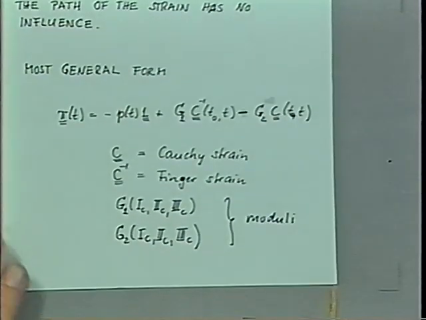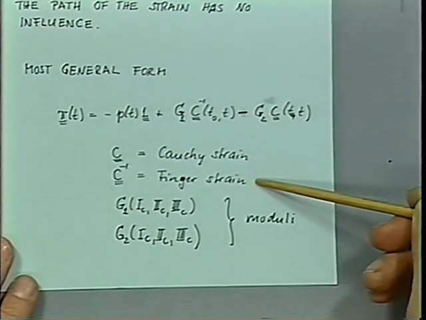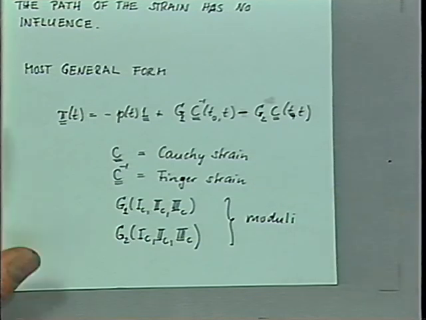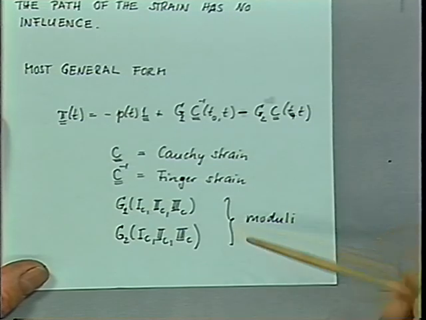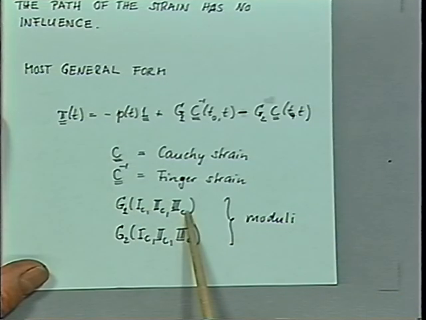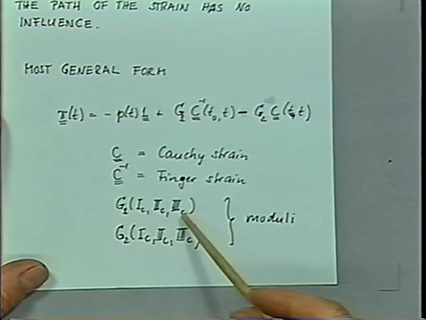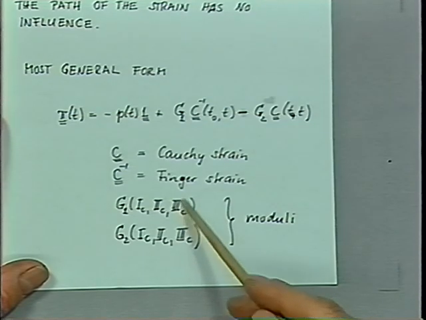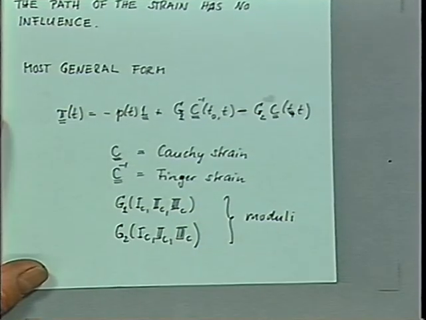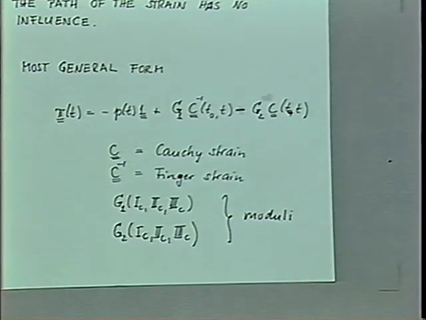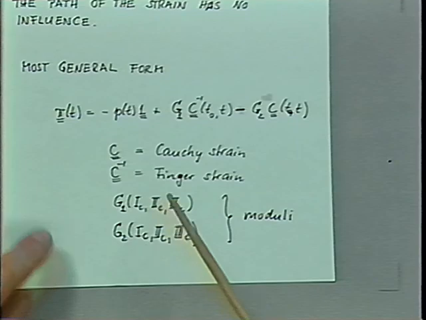The parameters used are the Cauchy strain tensor, Finger strain tensor between the stress-free and the current state, and we have two moduli which might depend on the strain invariants. If we have a material of constant density, then the third invariant is equal to 1 and has no effect. So we only would deal with the influence of this first and second invariant. So those will appear in our constitutive equation.